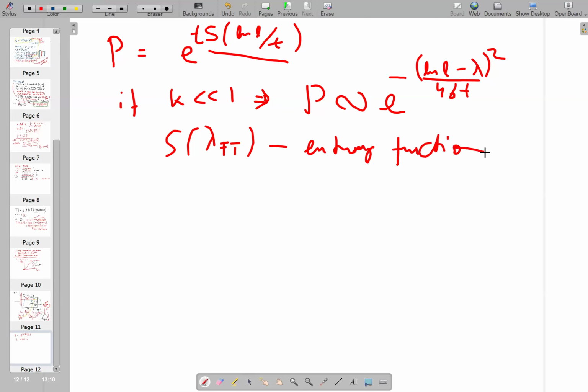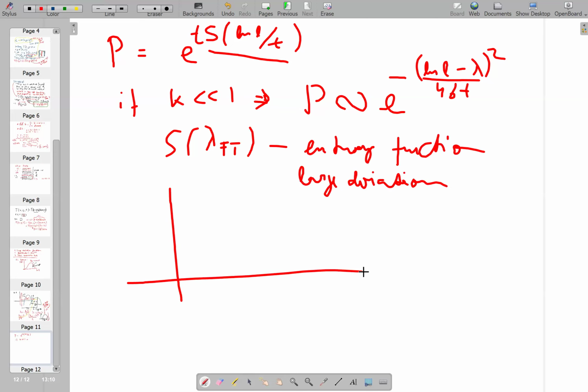Also a large deviation function. Why a large deviation function? Because you mostly want to use it if you want to know about extreme events. So if you plot here S, normally it would be a Gaussian function, but now it has a certain departure. The left hand side has a little faster fall off, and the right hand side is slower.